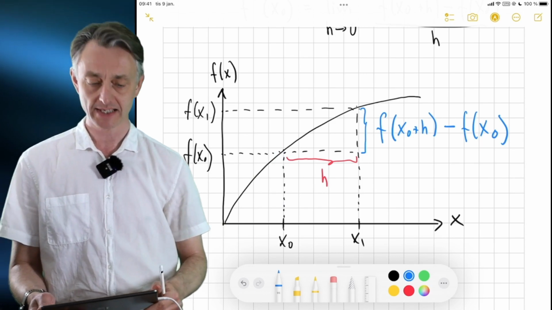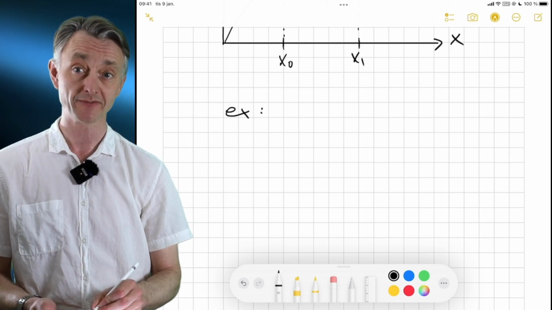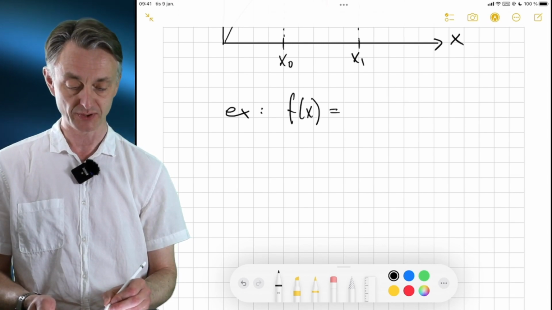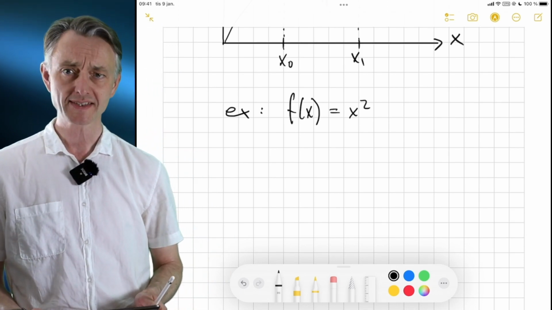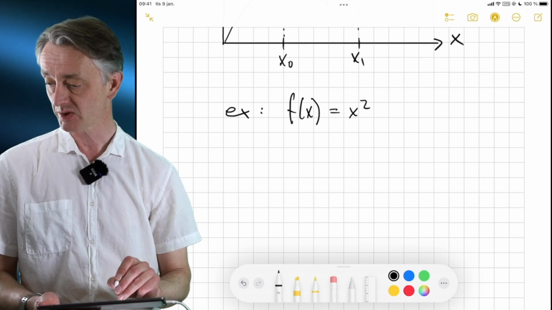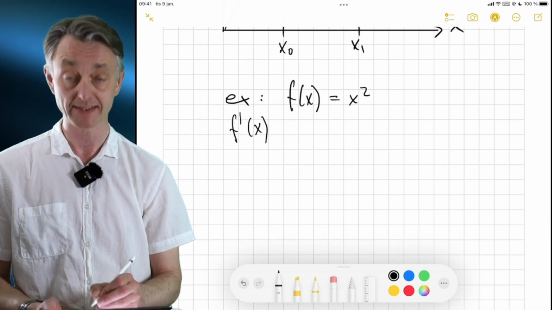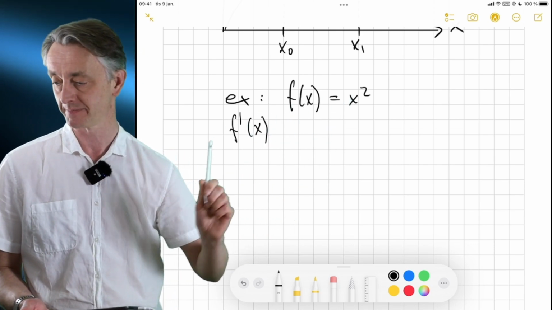So let us then have a look at one example. Namely, let's assume that the functional form is this: f of x is equal to x squared. So what is the derivative of this function? Well, it's going to be the following. Let's say it's f prime of x, that is the derivative of this function with respect to x.